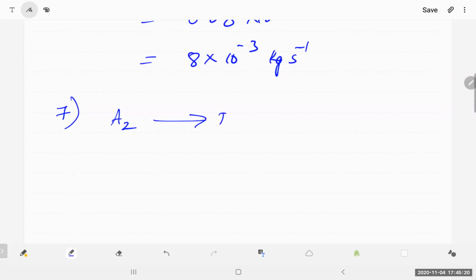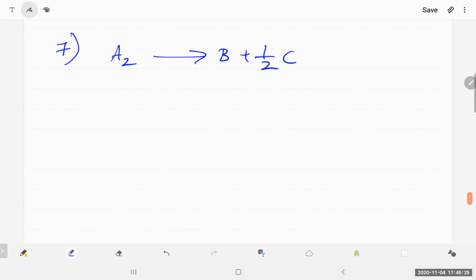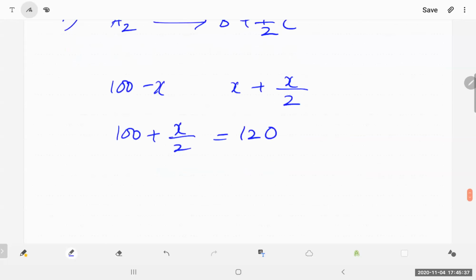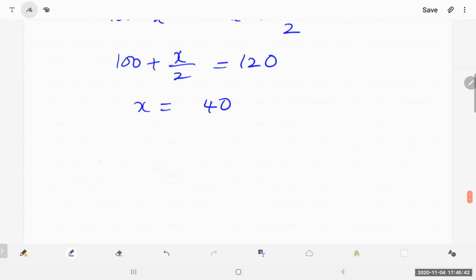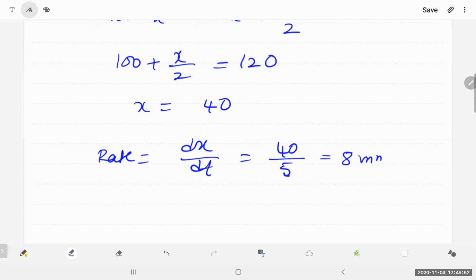A2 gives rise to B plus half C. So that is 100 minus x and x plus x by 2. So 100 plus x by 2 is equal to 120. Then x is equal to 40. So the rate is equal to dx by dt, that is equal to 40 by 5. So 8 mm per minute.